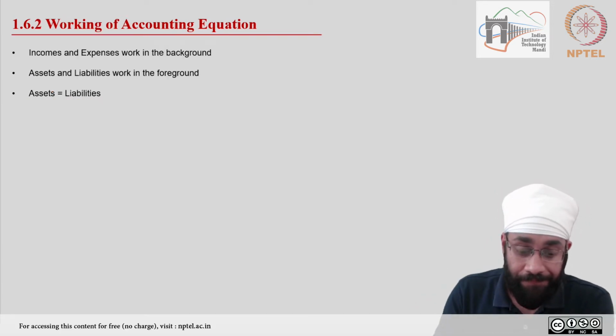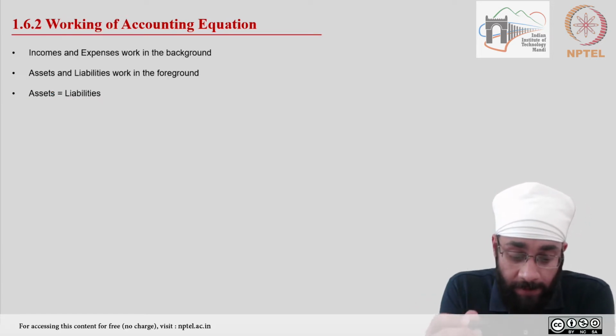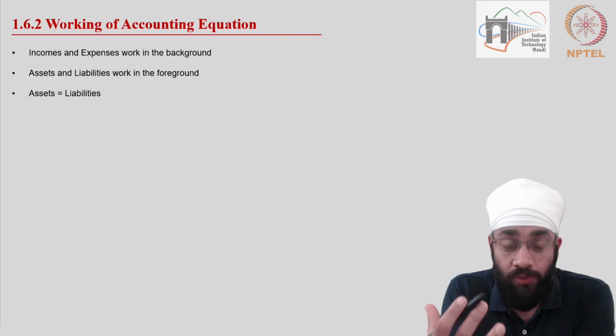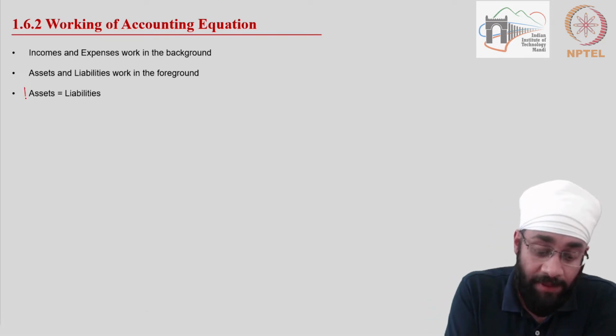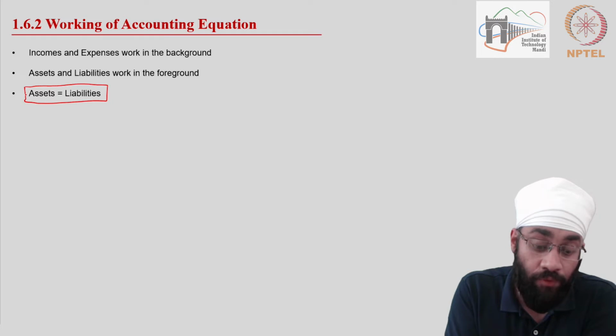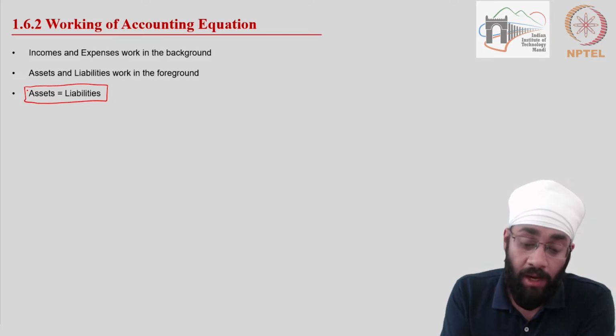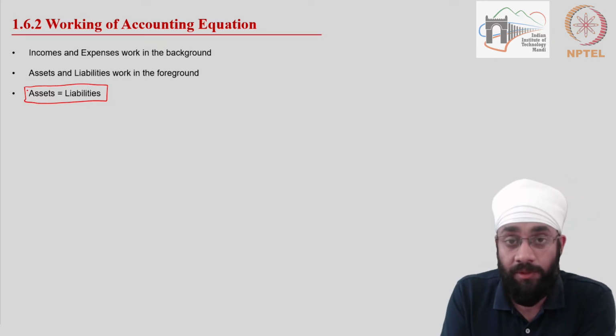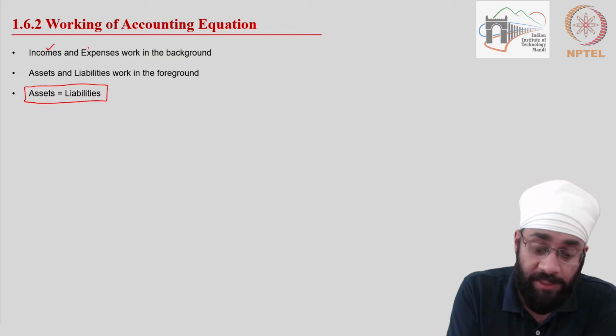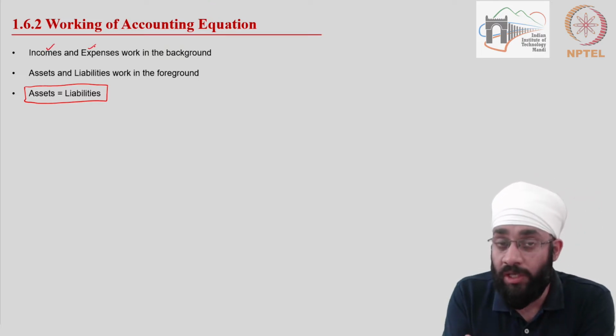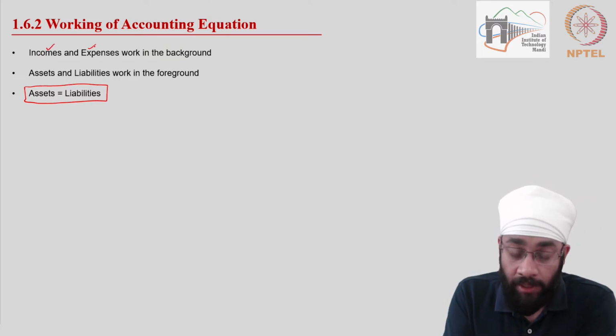All right. So in this equation, you see that assets and liabilities are in the foreground. However, the other two terms, which are incomes and expenses, are going to be functioning in the back end.